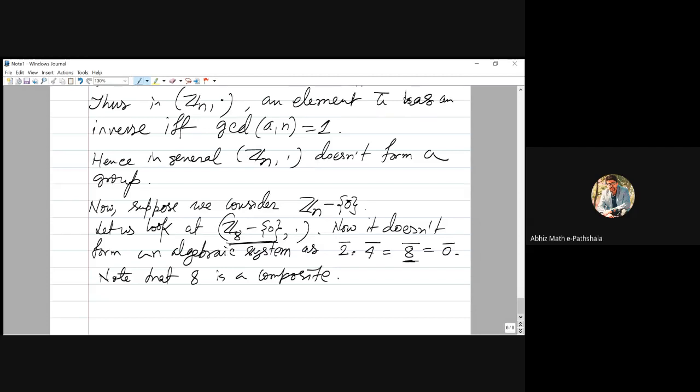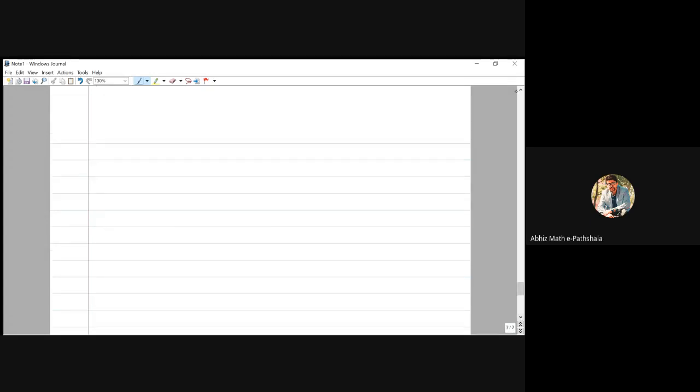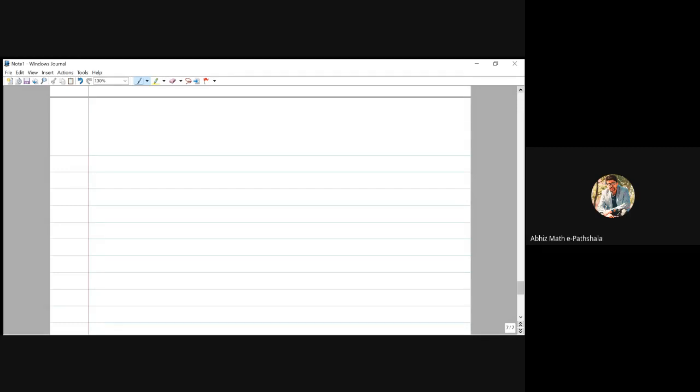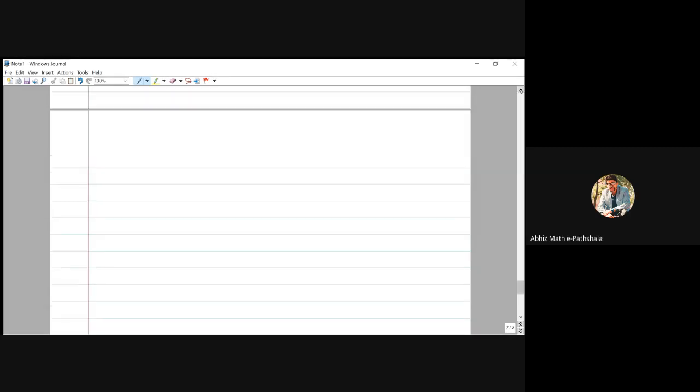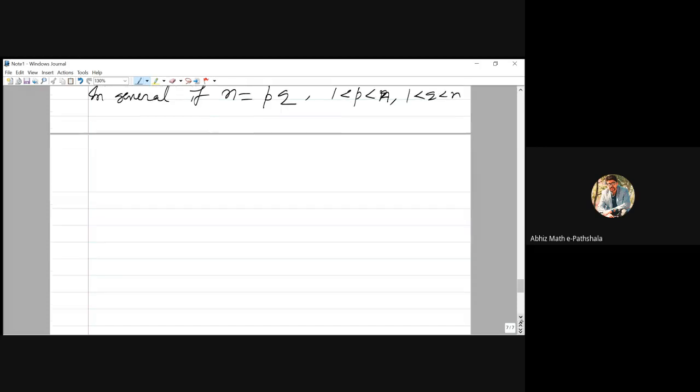So in general, if n is a composite, that is, suppose it can be represented as a product of two integers p and q, with 1 less than p, q less than n, n equal to pq.